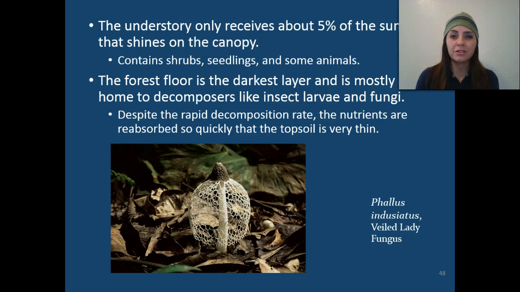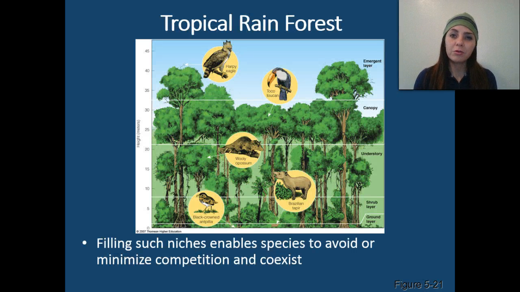Even though decomposition occurs at a very high rate, the nutrients are reabsorbed by all of the plant life so quickly that the topsoil is actually extremely thin. Like I was saying earlier, tropical rainforests are home to many different animals and plants, but because there are so many different layers, each animal or plant can occupy a different niche, which allows many different types of plants and animals to coexist.